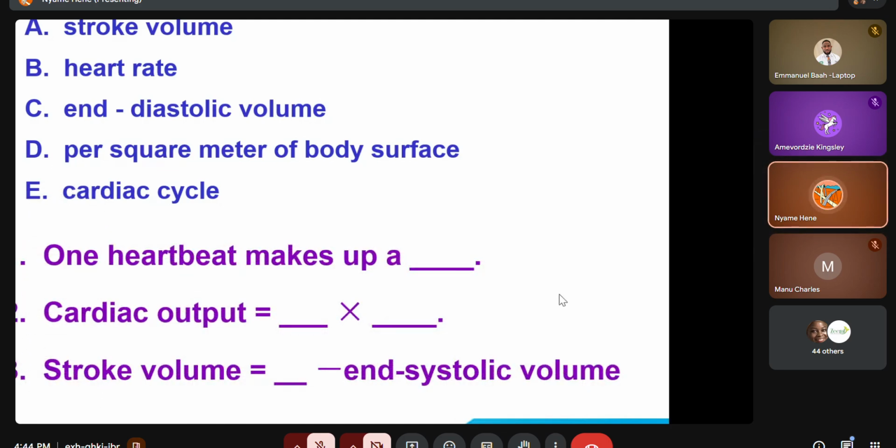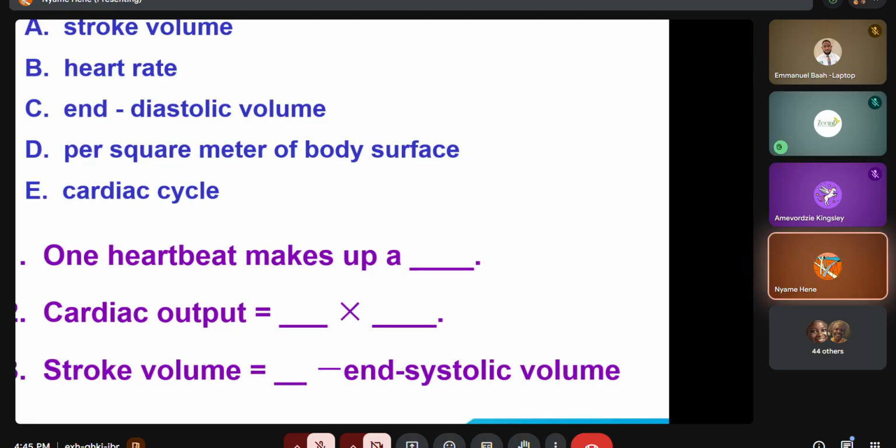So one heartbeat makes up, is it A, B, C, D, or E? One heartbeat makes up a what? E, cardiac cycle.